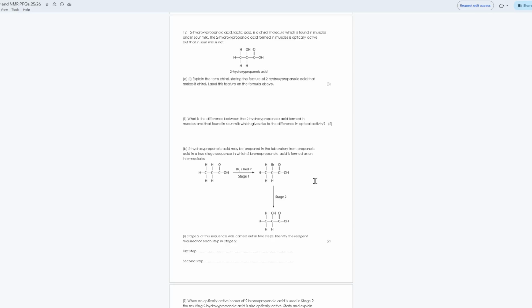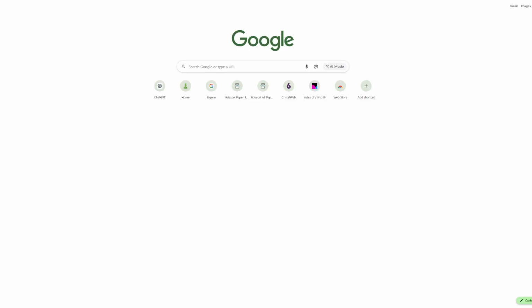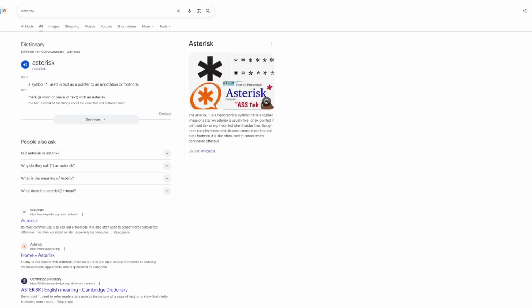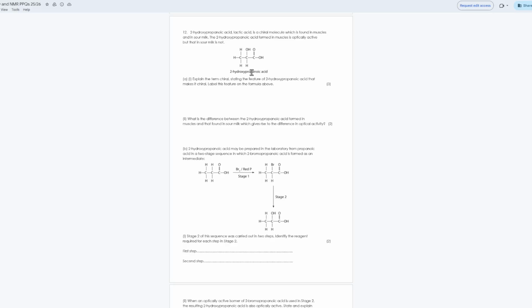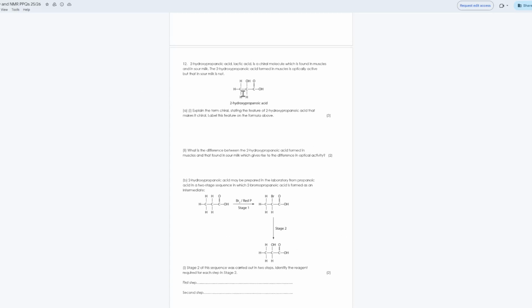And then I believe we have to label it with an asterisk, something like that, which will be this carbon here.